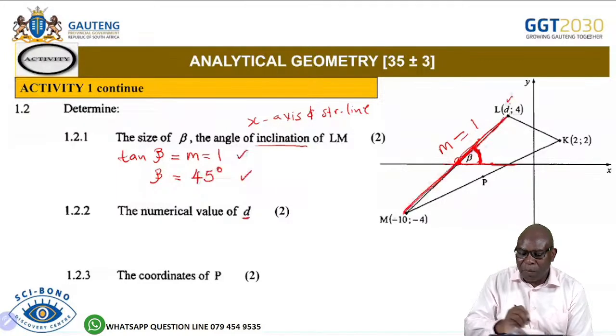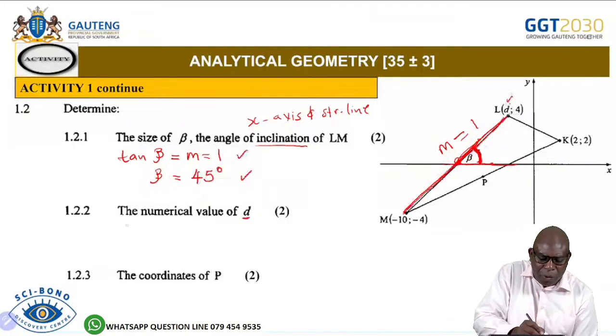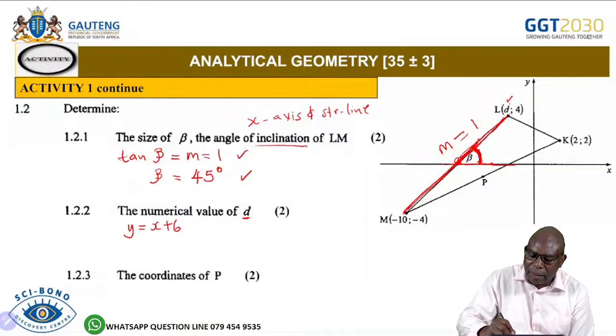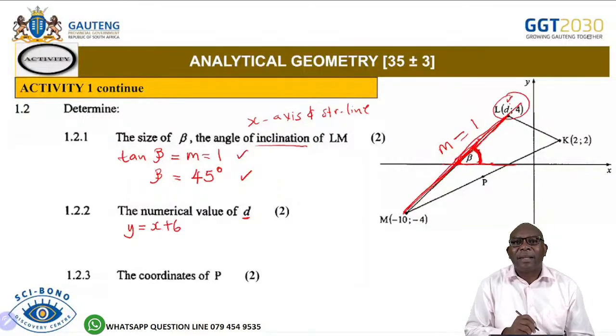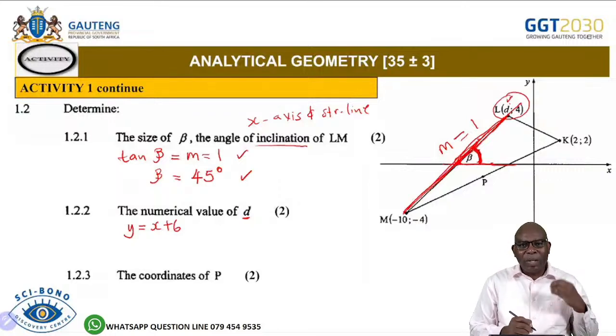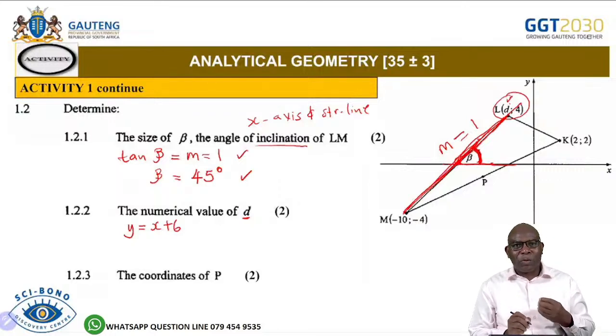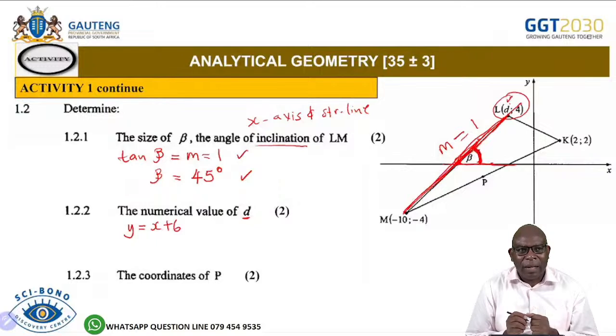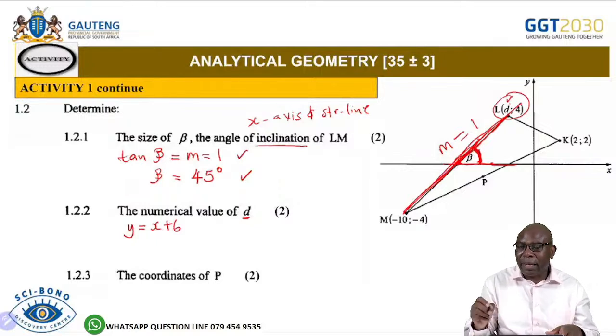In this case, because I've got d there, what do I know? I know I've got a formula y equals x plus 6. And that line here, LM, you can see that point is on the line. The easy way to find the value is to first check the equation of the line that is given. So the equation of the line there is y equals x plus 6.